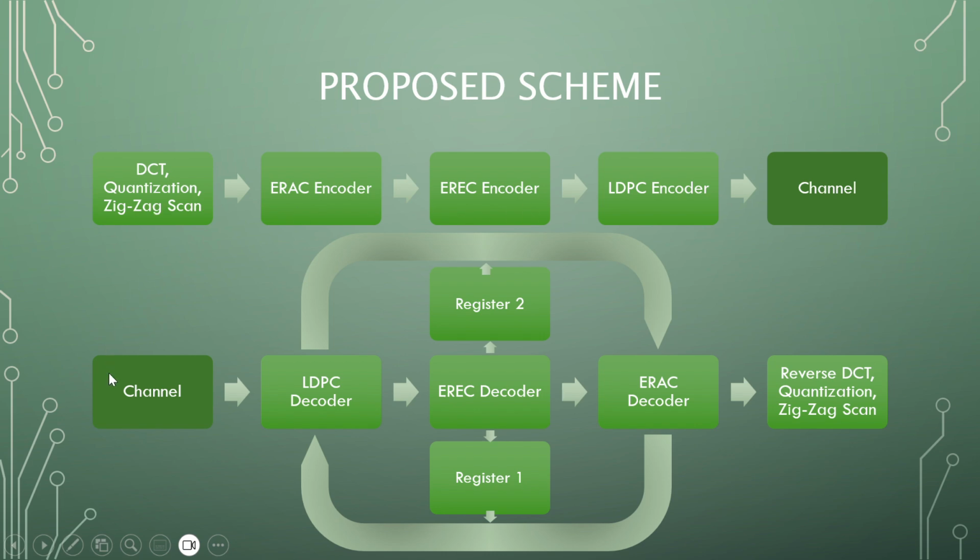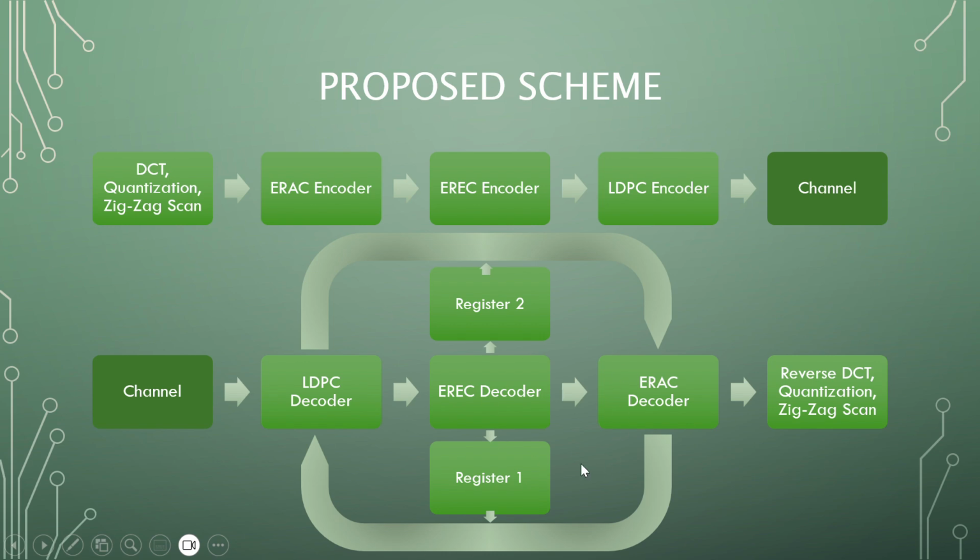And the bottom row is at the receiver, decoding. Now, just a few quick notes. This top left block, the first step and the last step, are standard steps in JPEG image compression and decompression. Also, these two rows look like mirror images, but they're not quite, just due to the complexity here.